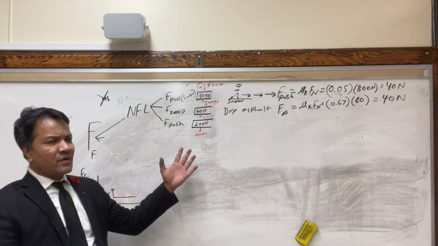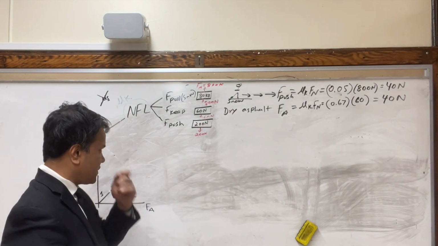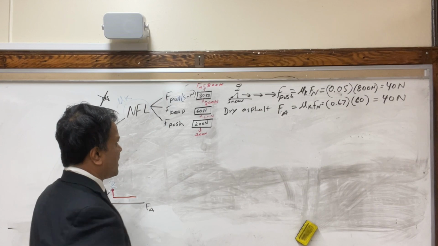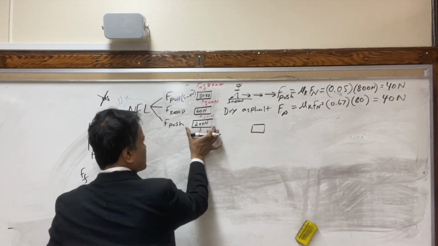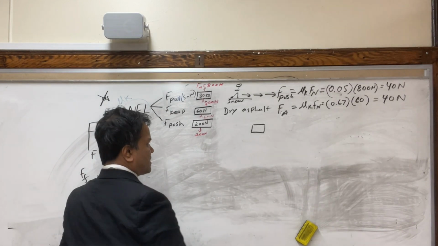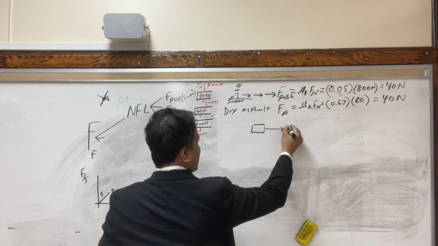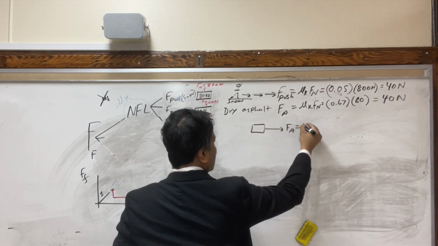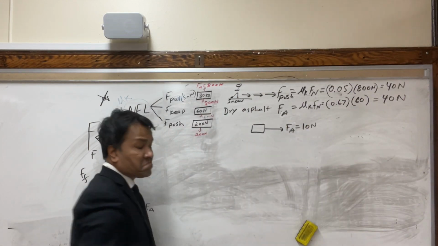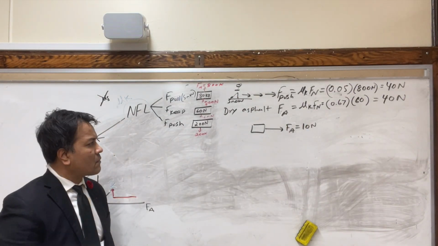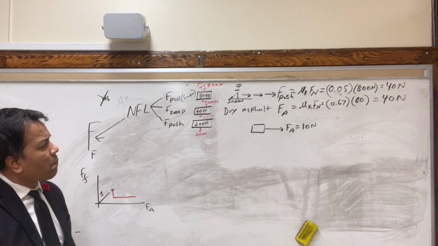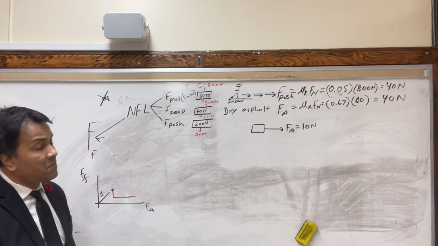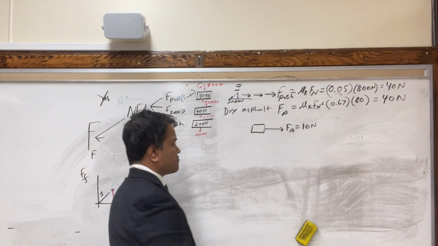Scenario 3. I ask you, hey, you have a 200 Newton object. Your applied force is 10 Newton. I want you to find out mu k. Very simple.